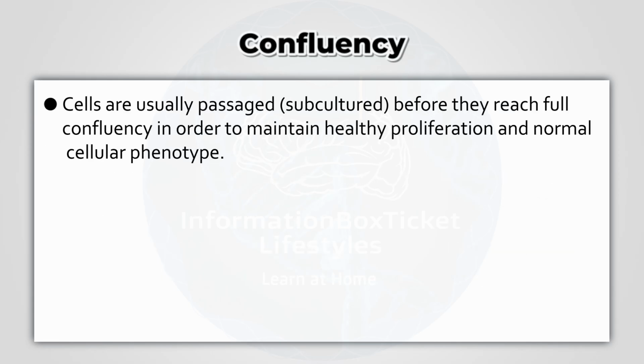Cells are usually passaged, or subcultured, before they reach full confluency in order to maintain healthy proliferation and normal cellular phenotype.